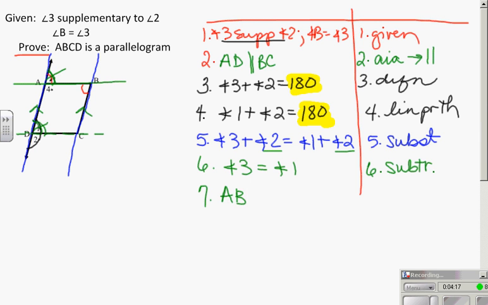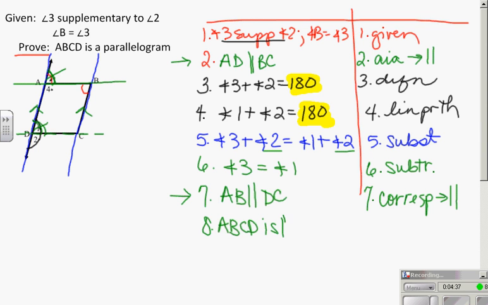And so I can say that AB is parallel to DC because corresponding angles imply parallel lines. And now that I have parallel lines here and parallel lines here, I can say that ABCD is a parallelogram. And I say that by definition of parallelogram.